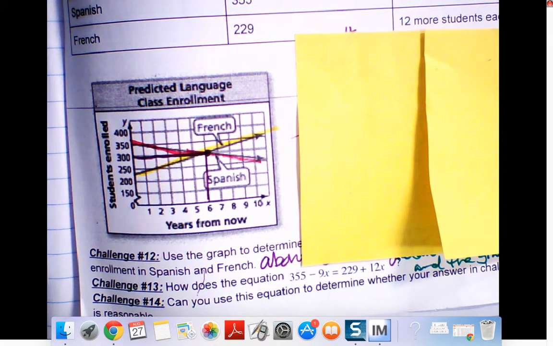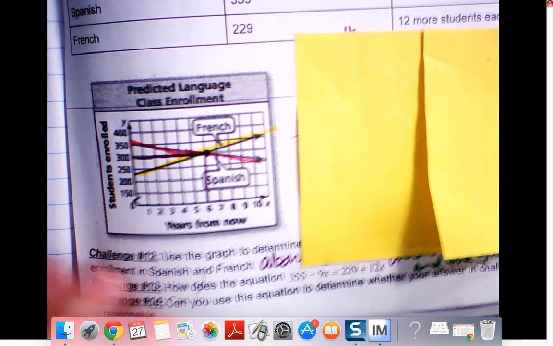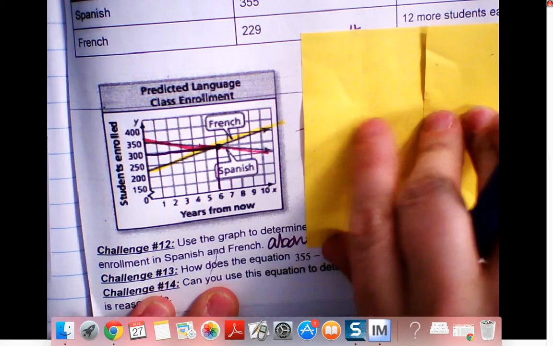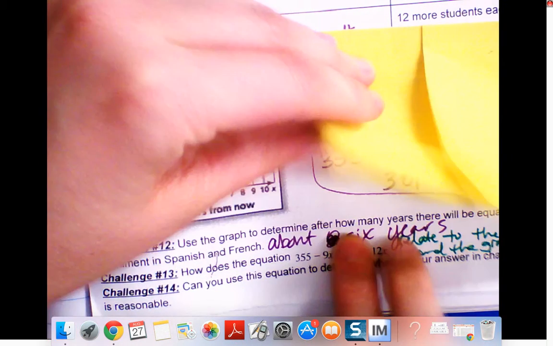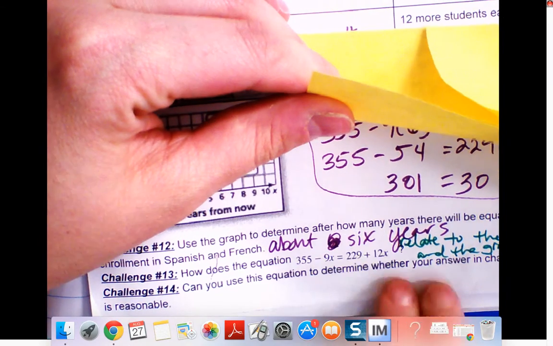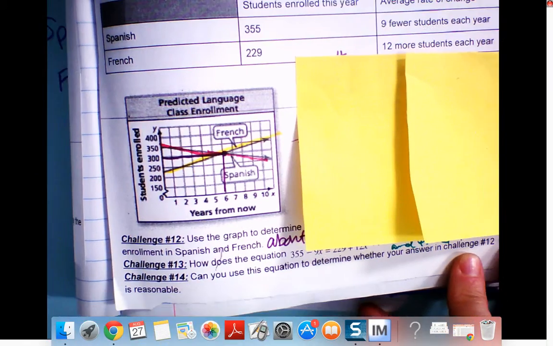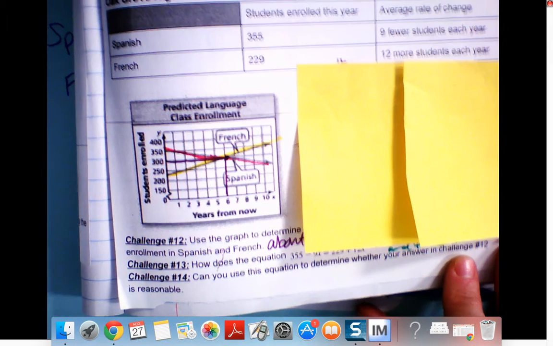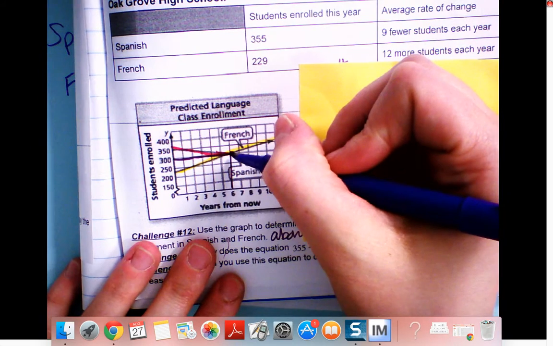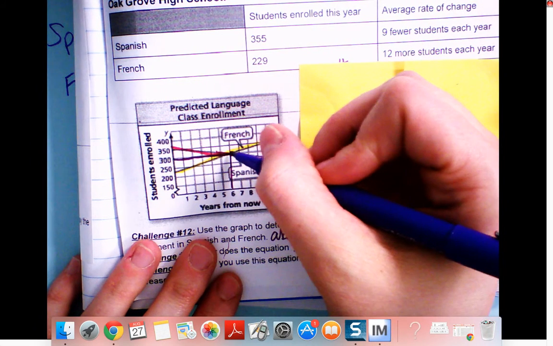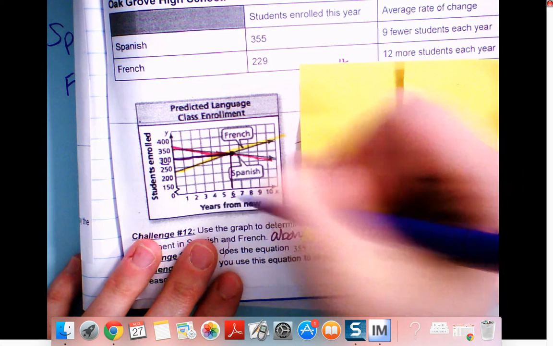The first question is to use the graph to determine after how many years there will be an equal enrollment in Spanish and French. What the students had to find was when those lines intersect, where both classes have 300 students, and that's at 6 years.